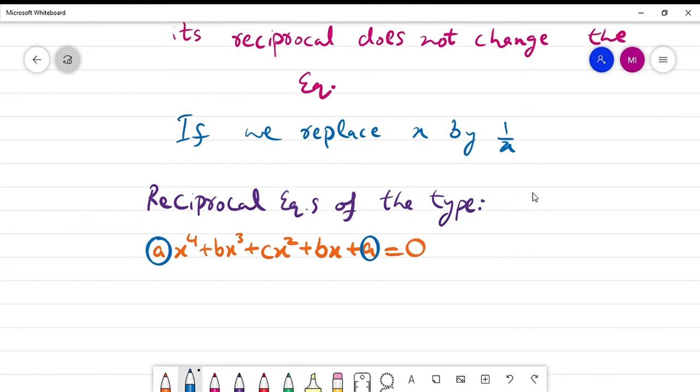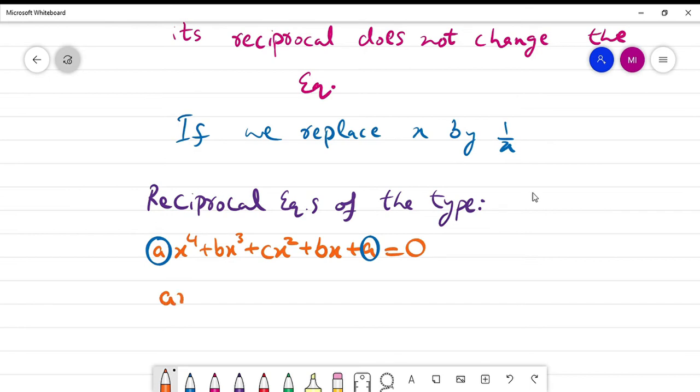The coefficient of x to the fourth must be equal to the constant. And the coefficient of the cube term and of the linear term, the x to the first power term, must be equal. If they're not, then we can't use this method.